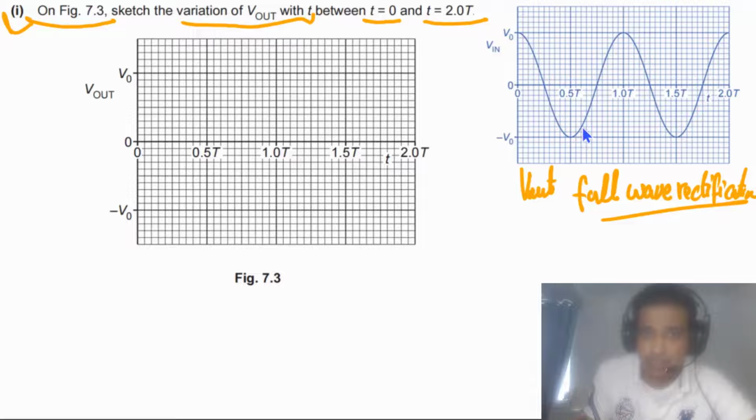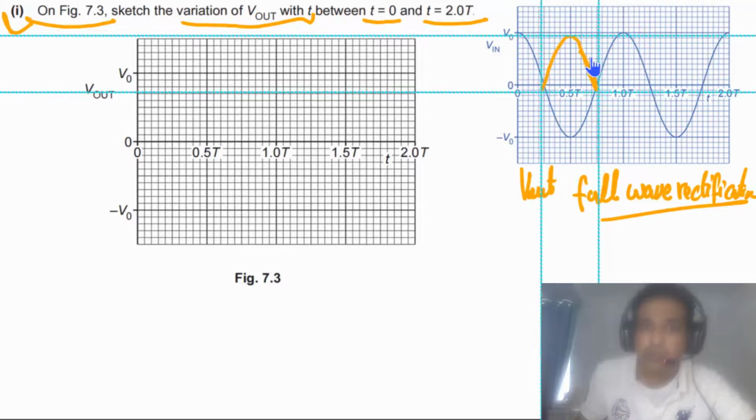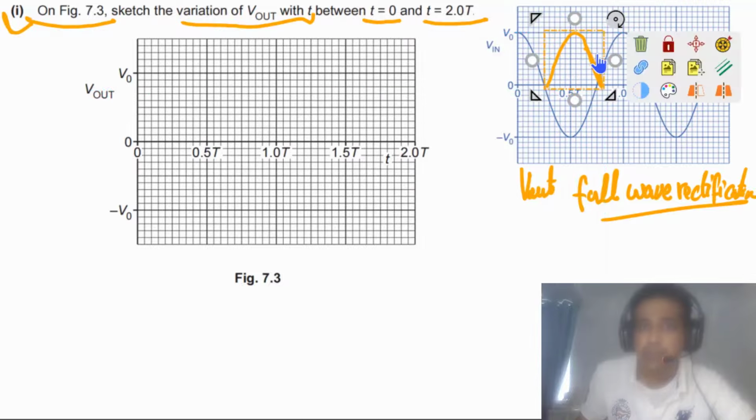So when this is negative, due to full wave rectification, meaning due to the bridge rectifier, this one will be positive. So we can draw this one here. If I look at this one, I can draw this, then I can simply copy. So I can draw this positive part first of all. Now we can simply copy this one here, and now we can move it. So negative in this case becomes positive.